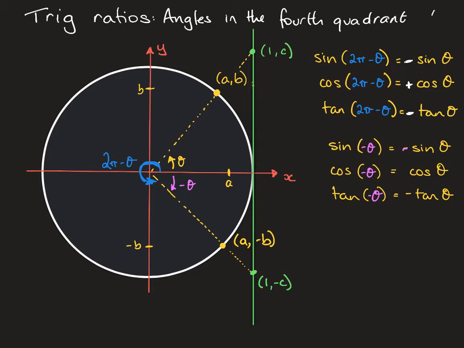The negatives are still sine and tan, and cos is still the same value. So in summary, in the fourth quadrant, sine is negative, cos is positive, and tan is negative. So let's summarise that all together.